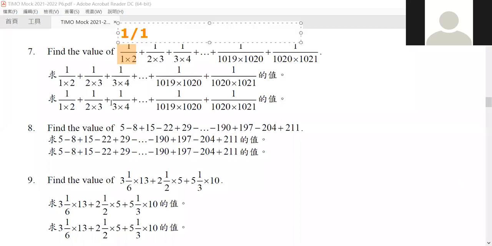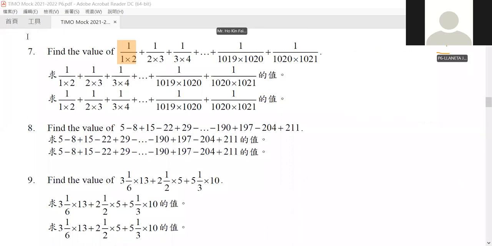Now here, yes, this is something that I would like to mention now. This method is called telescoping.